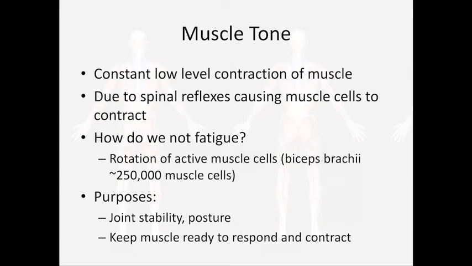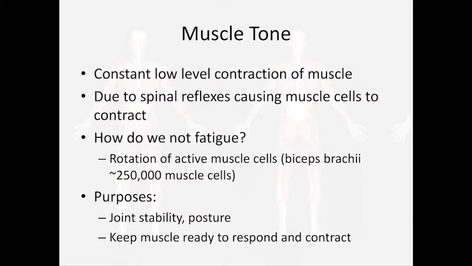Okay, so a couple other issues having to do with muscle. Number one is called muscle tone. As you're sitting here listening to this video and watching it, you're probably at least sitting up, so you're using muscles in your back, right? You're using muscles in your neck to hold yourself up, maybe using muscles in your arms to hold your arms in a certain posture.